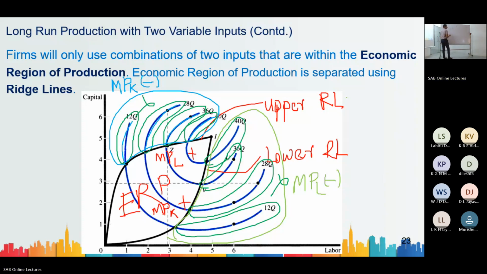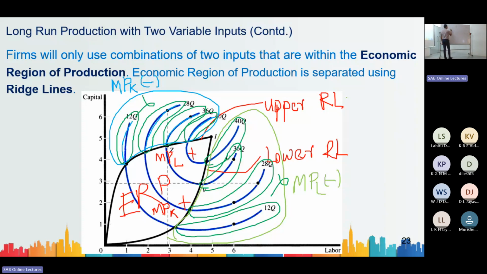The slope of any vertical line is infinite. So the slope at this point is infinite.